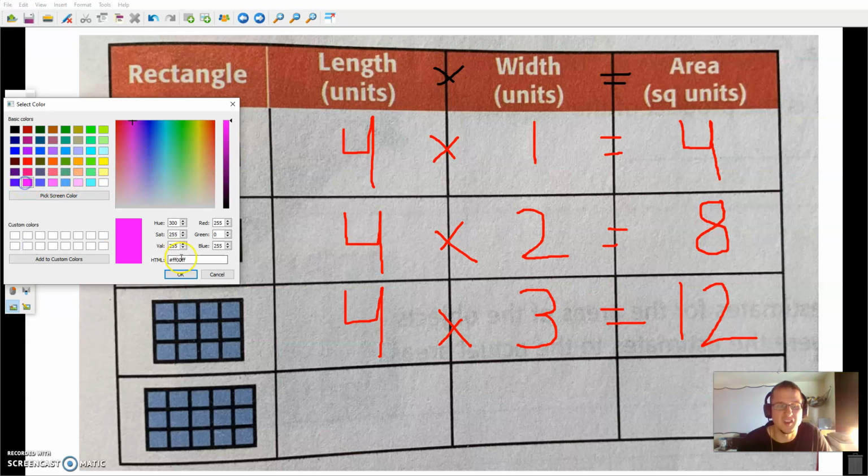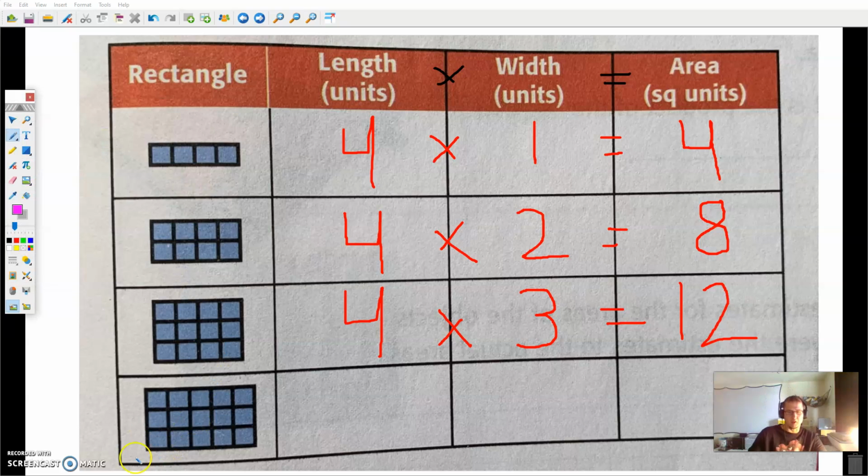Let's do magenta. Okay. So how many units is the length? It's 5. How many units is the width? It's 3. Okay, so calculate then the area. What do you get for an area for something that's 5 by 3?